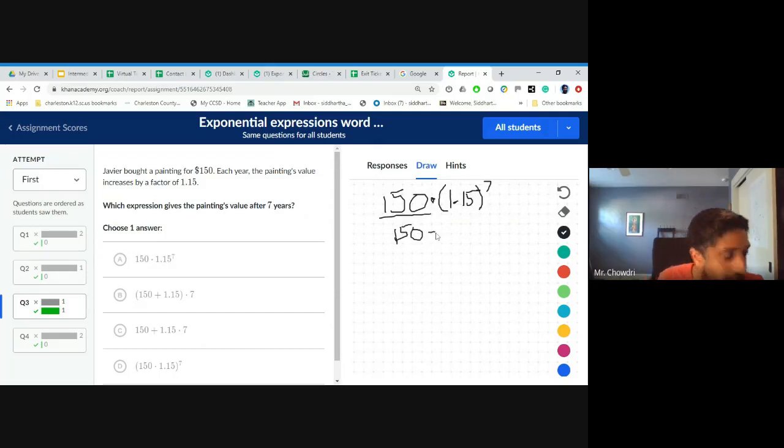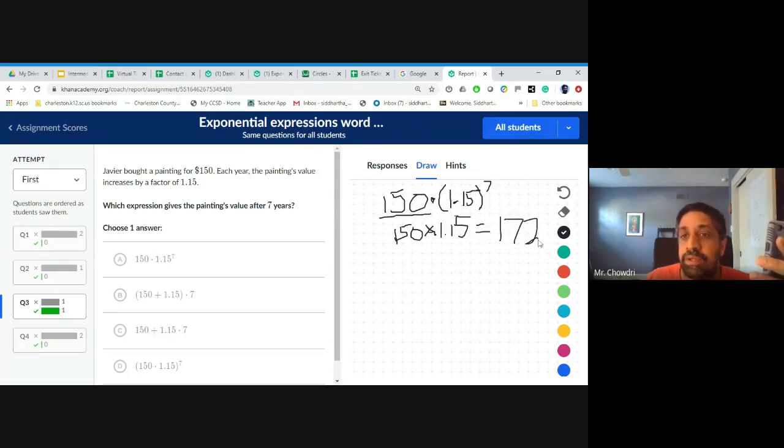Let me get my calculator out. 150 times 1.15 goes up to 172.5.